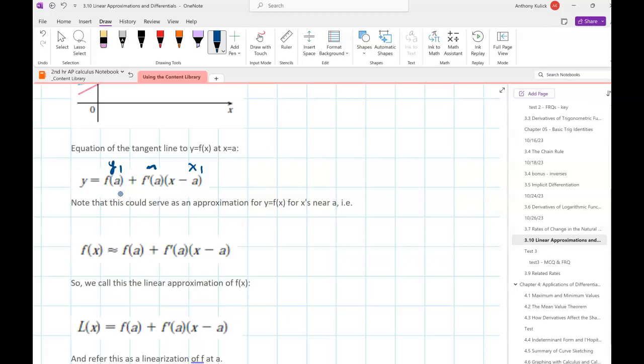I can use that to approximate the values on our function as long as our x's are somewhere near the x value where we found the slope. The further away we get from that, the worse our approximation we'd expect to get. But as long as we're relatively close to that value of a, where we found the derivative, this should be pretty close. We call that a linear approximation or a linearization.